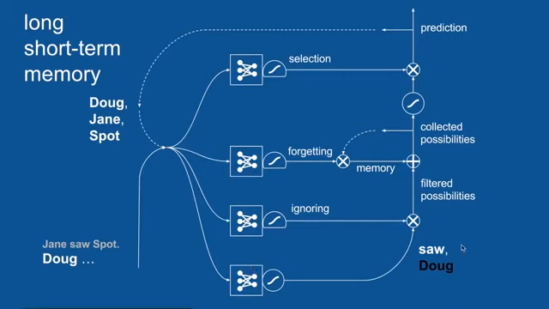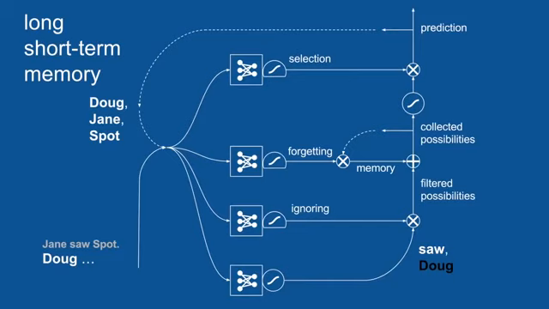So the first one of these makes some predictions. Given that the word Doug just occurred, this has learned that the word saw is a great guess to make for a next word. But it's also learned that having seen the word Doug at the beginning of a sentence, it should not see the word Doug again very soon.